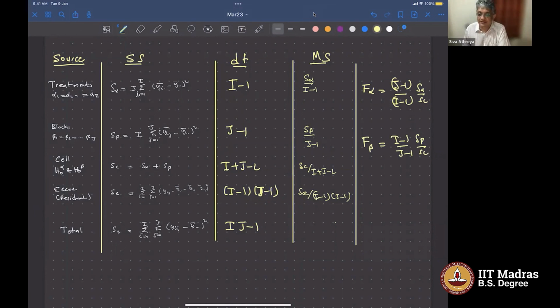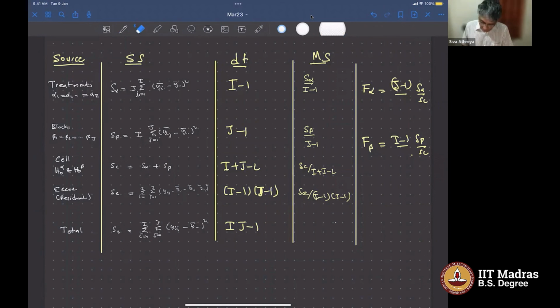These are the two F statistics that you keep in mind, and that will give you the entire answer. Actually, sorry about this, there's no I minus 1 here; it's J minus 1 times I minus 1. That'll be the F statistic you can work with, and you can show that's what the correct chi-square will be. The correct F will be a ratio of these.